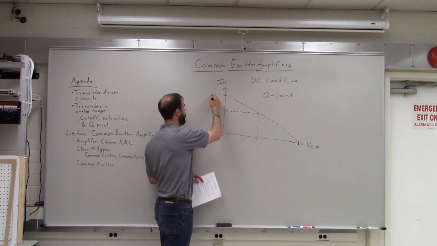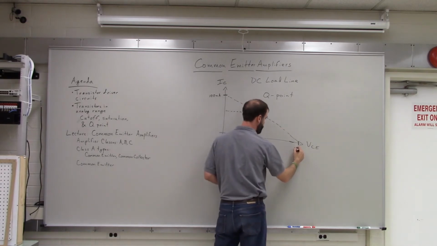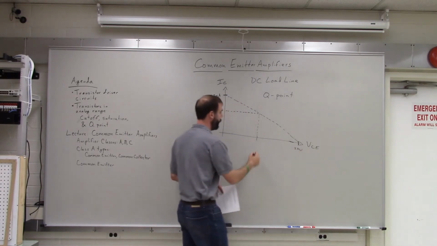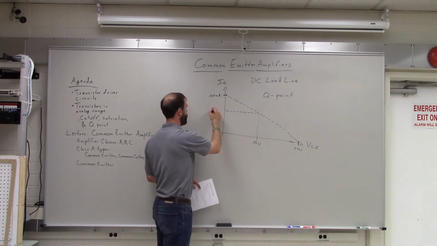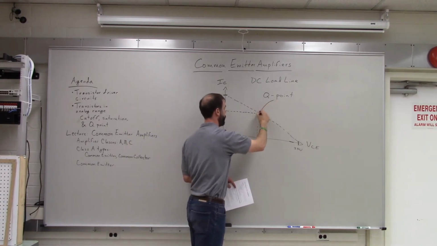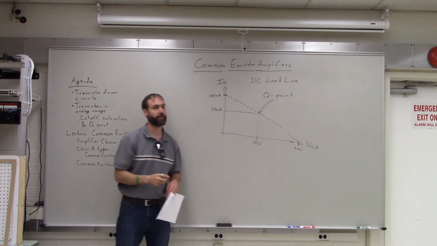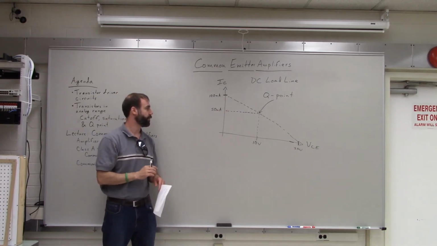So say we had 100 milliamps at max here, and we had, say, 20 volts there, then this Q point should be at 10 volts and 50 milliamps. So is that reality? It should be pretty close, yeah. It should be darn close.